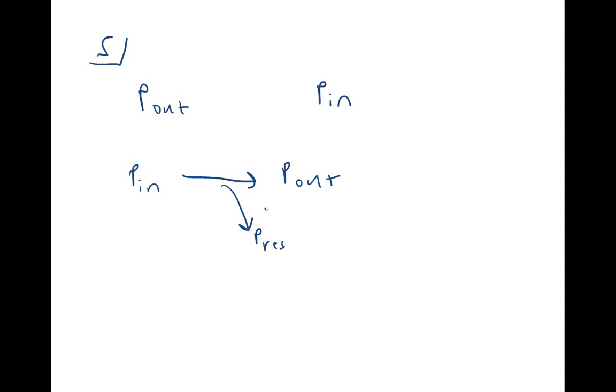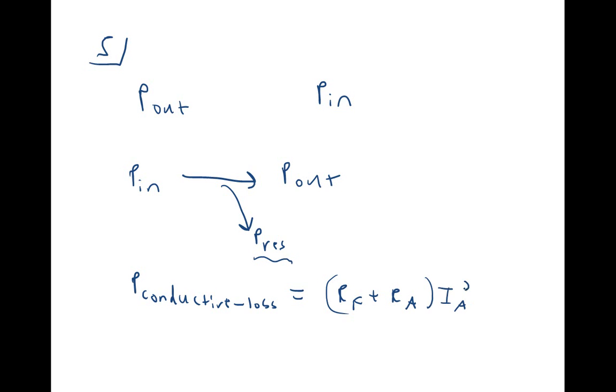Well, the conductive losses are given on the formula sheet. So P conductive loss, which is your power going into your resistors. Same thing. I just changed my notation here before I pulled up my formula sheet. Is going to be RF plus RA, that quantity, times IA squared.